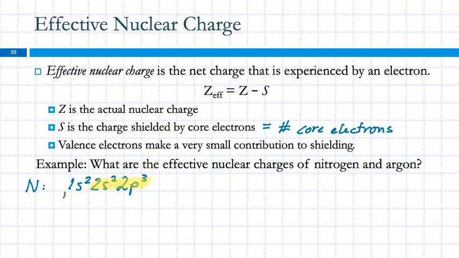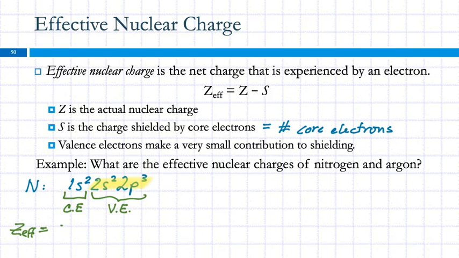Core electrons, valence electrons. So the effective nuclear charge is the atomic number. What's the atomic number for nitrogen? 7.